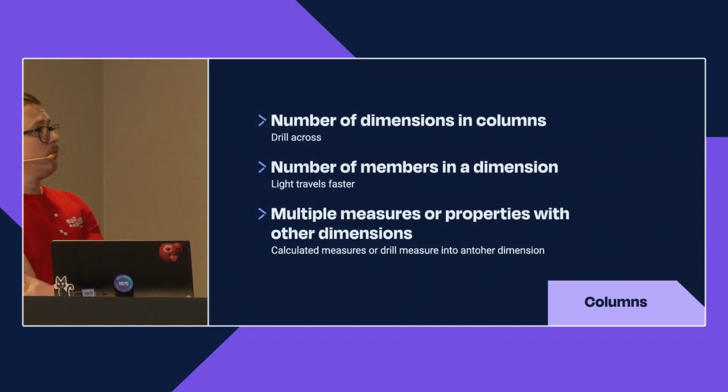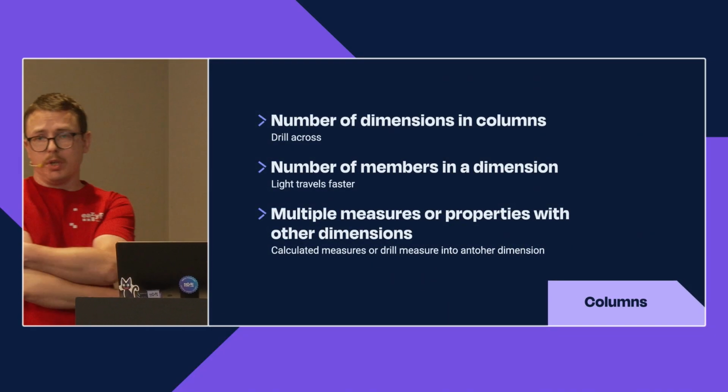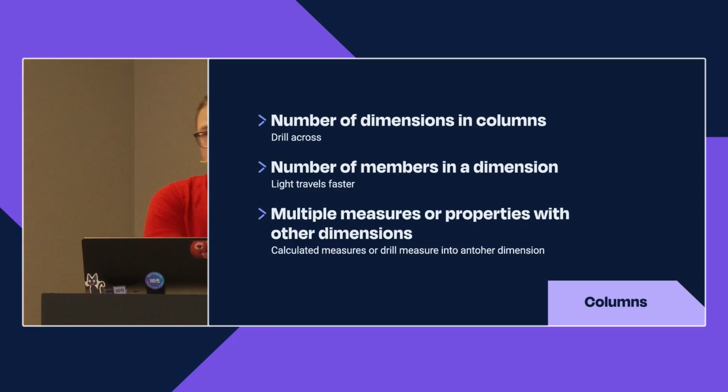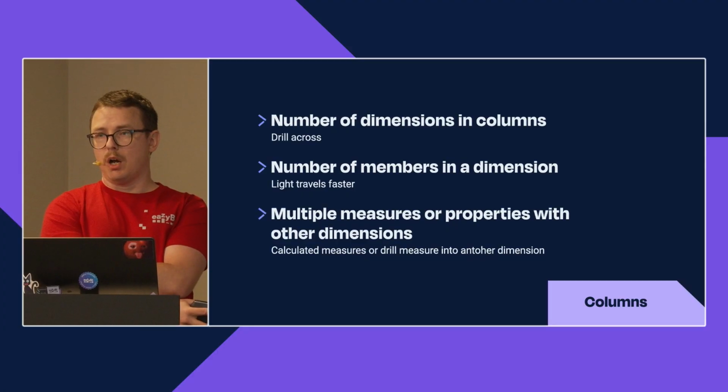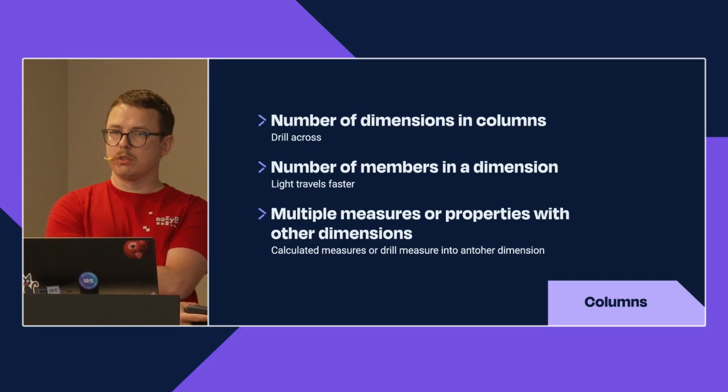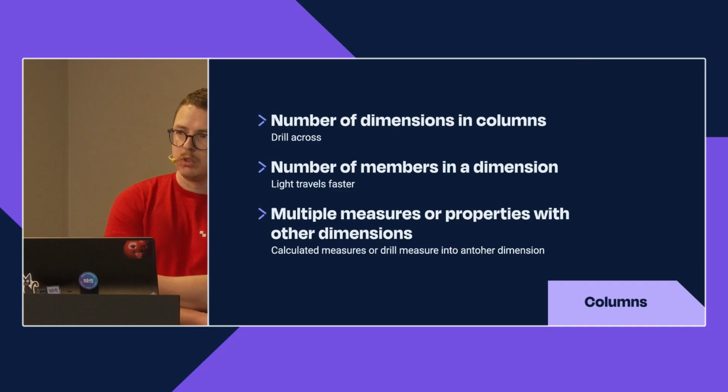So, in columns, the number of dimensions matters even more than in rows, because we don't have the option to filter columns, only hide the empty ones. We don't have the non-empty option, which we have in rows.